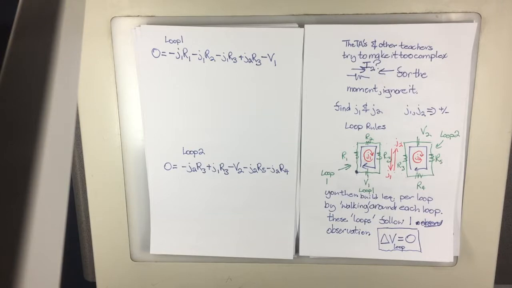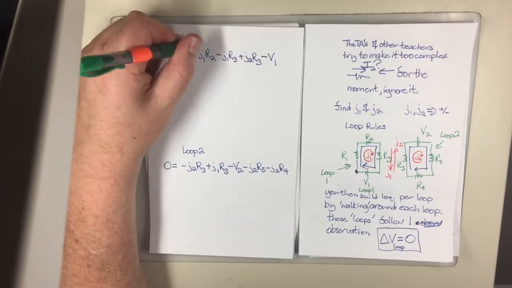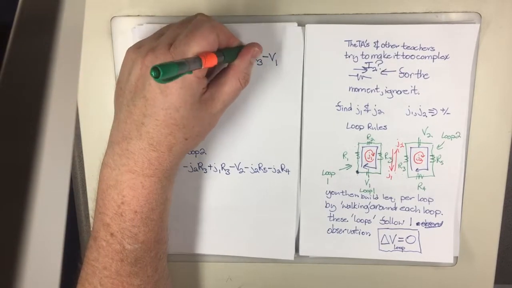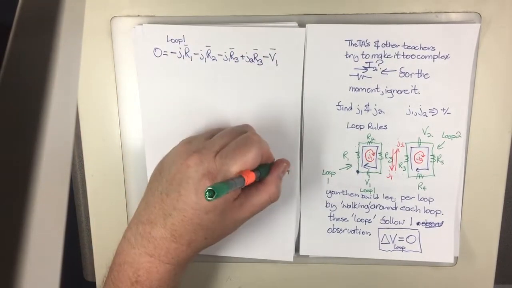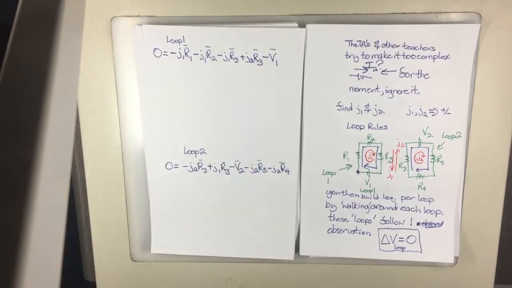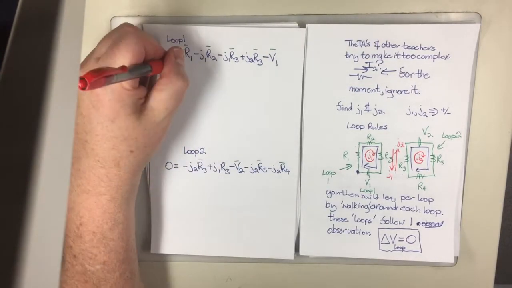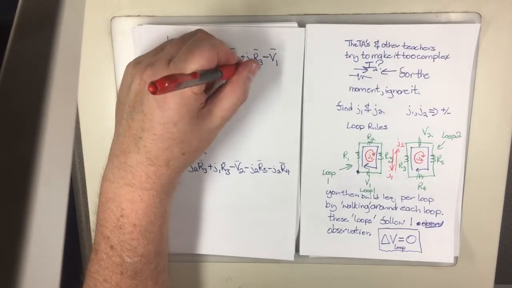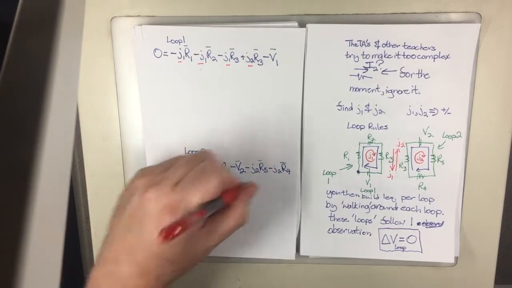At this particular point, we know all of the R's and V's. I don't know J1 and J2.